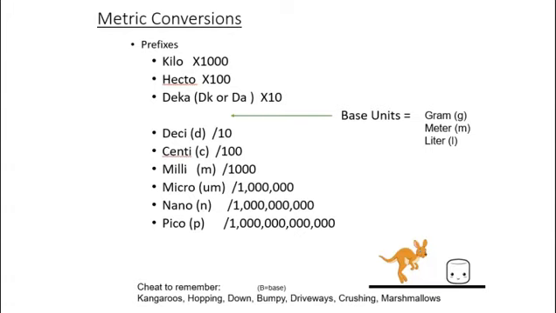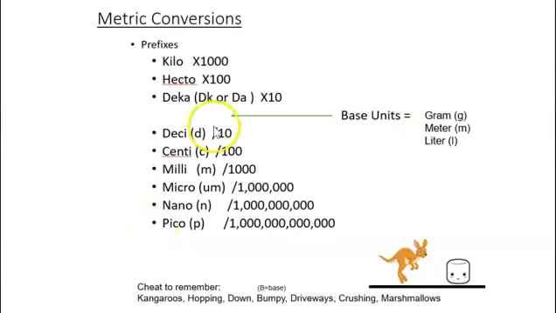So we learned in the previous lecture there's different prefixes that are associated with the metric system. And let's review those real quick. There's kilo, hecto, deca, deci, centi, milli, micro, nano, and pico. So these are the ones that you want to commit to memory.